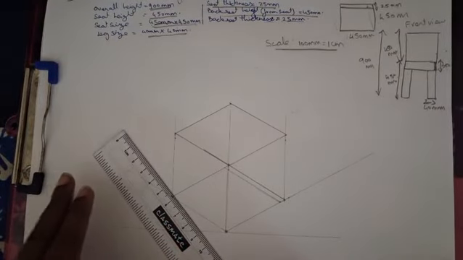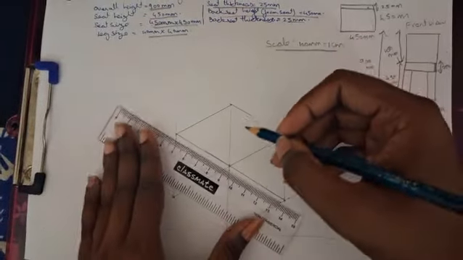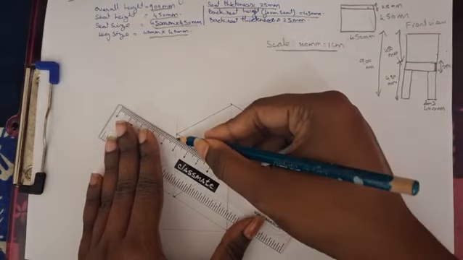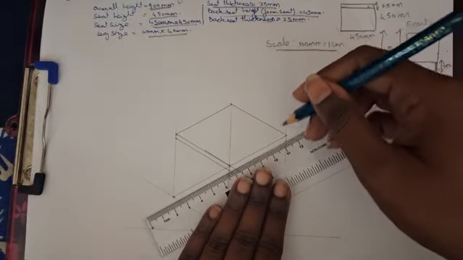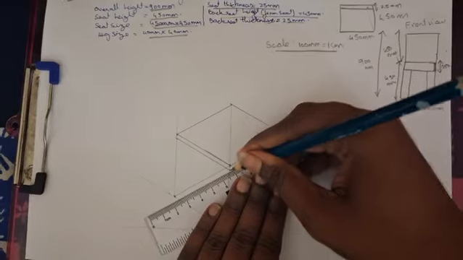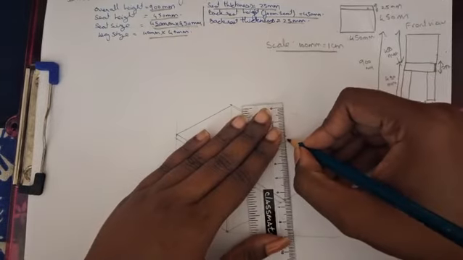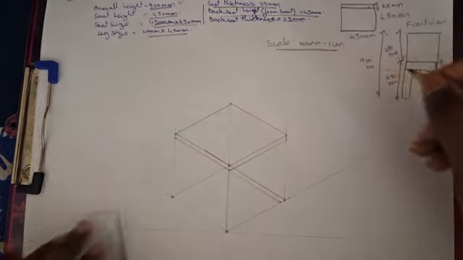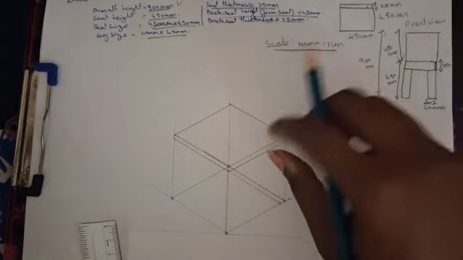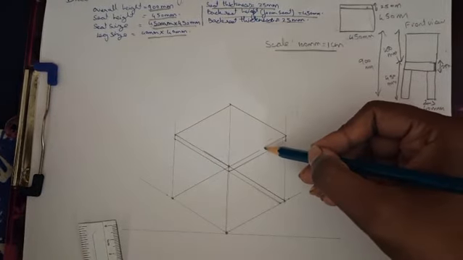After marking it, I am just going to connect the lines. So this is your seater. We have completed drawing the seater.